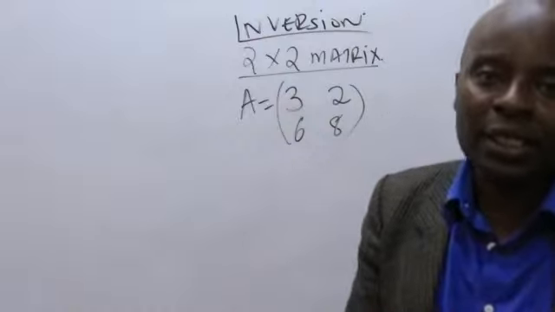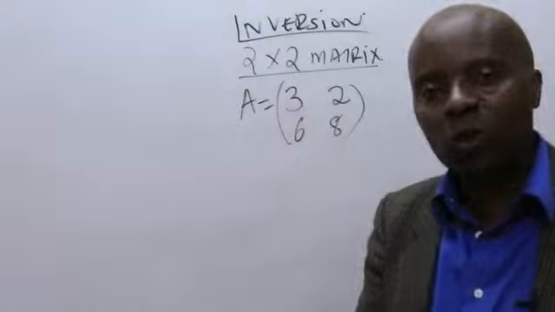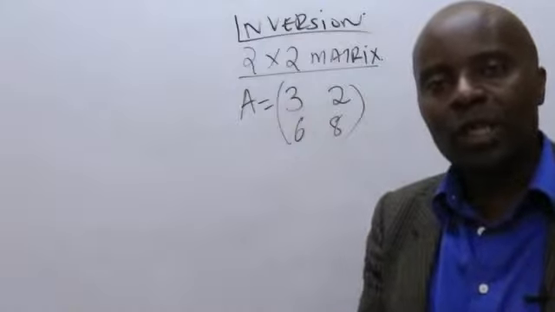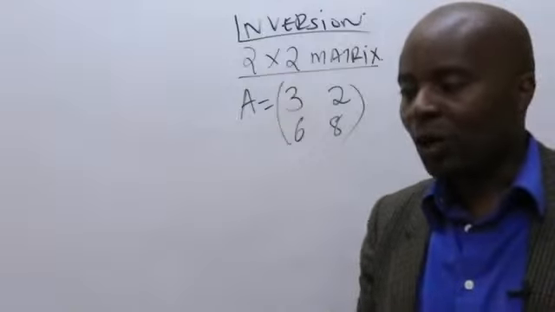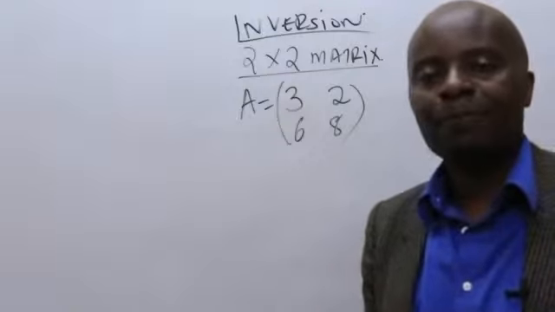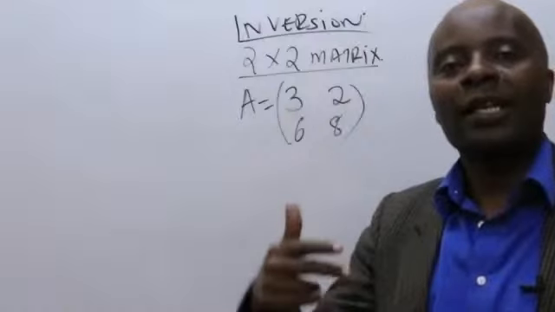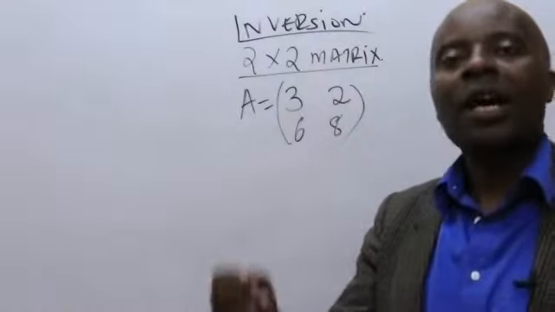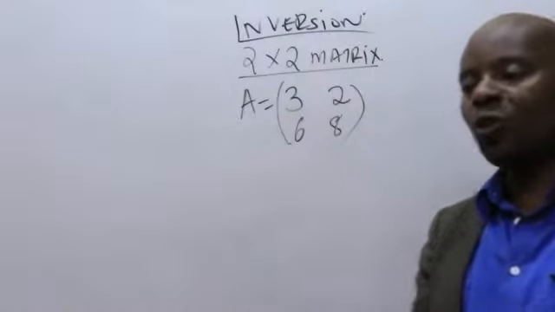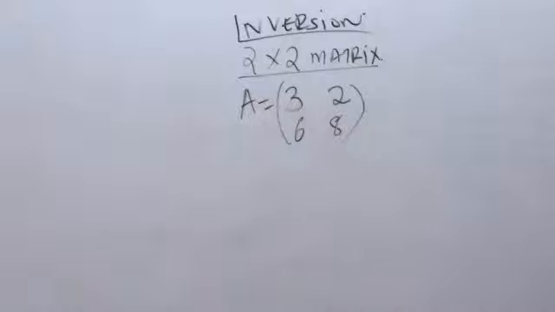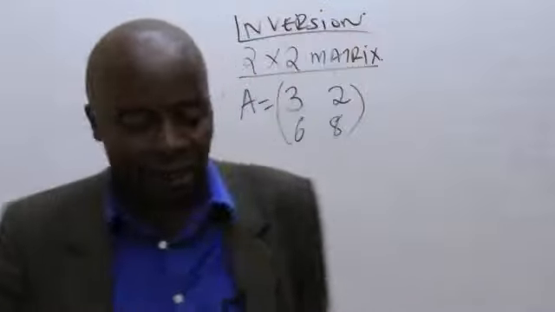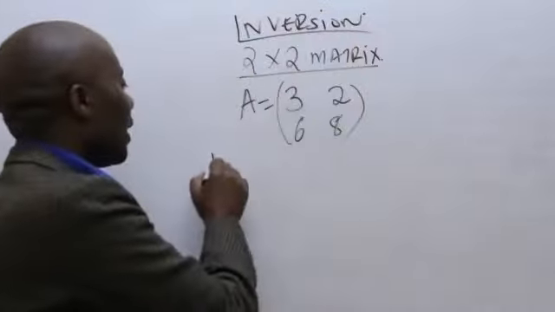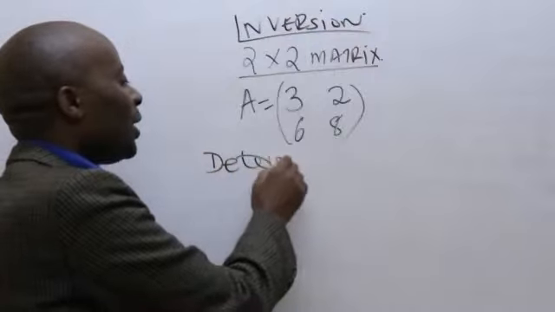And if this is a 2 by 2 matrix, what I need to do is to appreciate the 2 steps method for finding an inverse of a 2 by 2 matrix. These 2 steps are very clear and easy to understand. The first step is you ascertain the determinant.